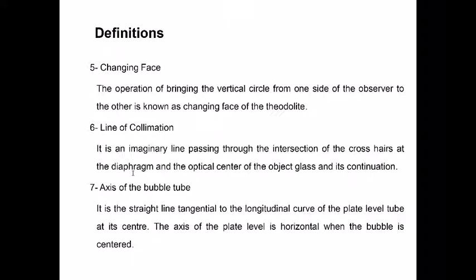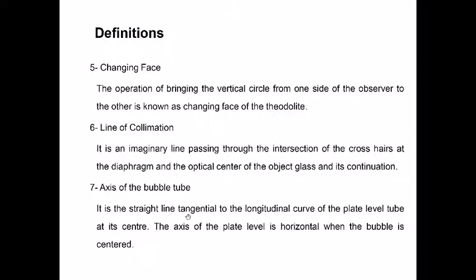When you look through the telescope, you get a circular vision, and at the center you have the intersection of the crosshairs, the bullseye. The imaginary line that passes through that bullseye and the optical center of the object glass, and its continuation, is the line of collimation. That is basically your line of sight, and that is called the line of collimation.